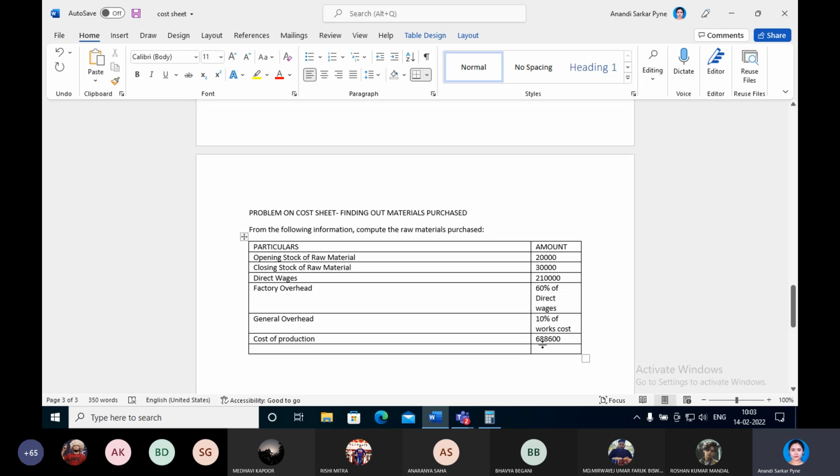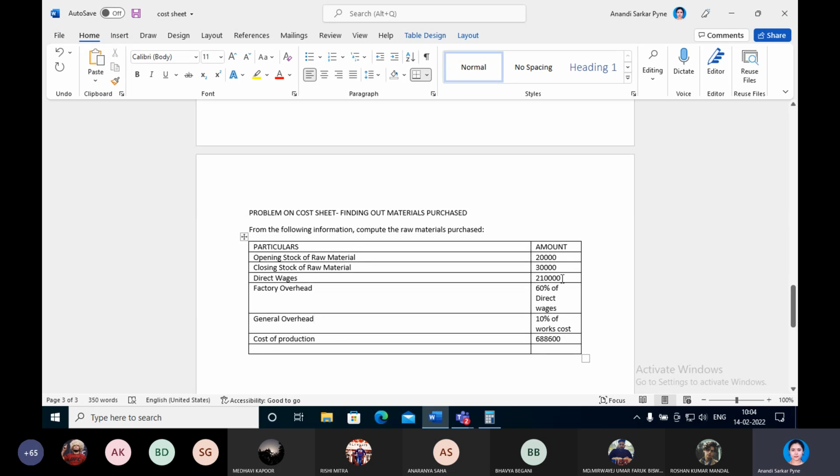So cost of production less general overhead, we get works cost. From works cost, we deduct factory overhead. Factory overhead is 60% of direct wages, and we know direct wages is 2,10,000. So 2,10,000 into 60%, we will deduct it from works cost. After deducting it from works cost, what we get is prime cost. From prime cost, we will deduct direct wages.